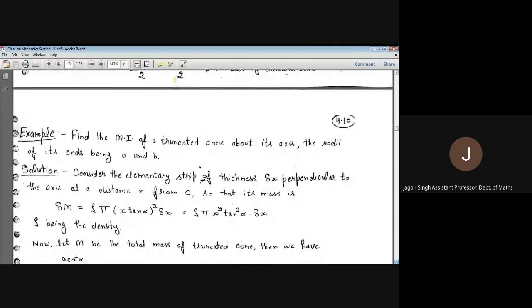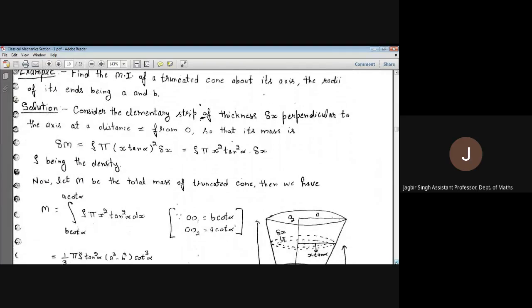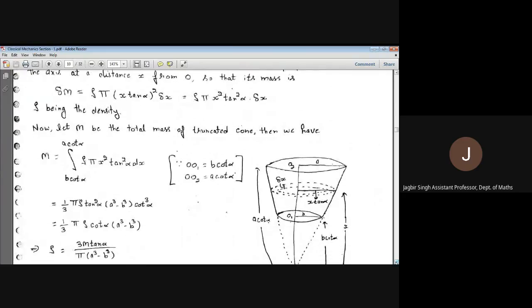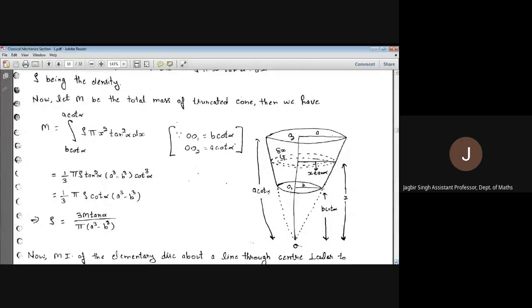Is it okay? After that, this time we have to find the moment of inertia of the truncated cone. Truncated cone means it's a cone, or like a bucket type, that is cut from the bottom side. It will be solved again using the article of the disc, and to complete it we will make a whole cone, not the truncated one.